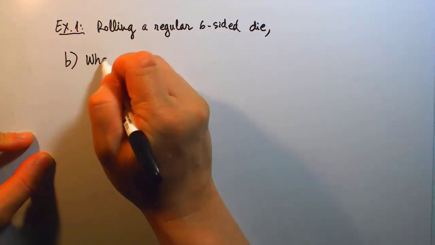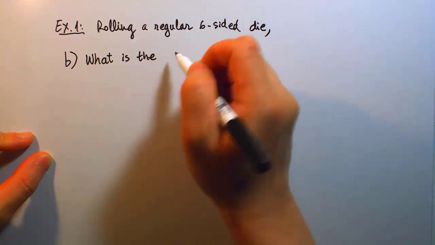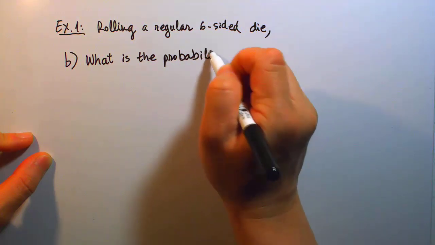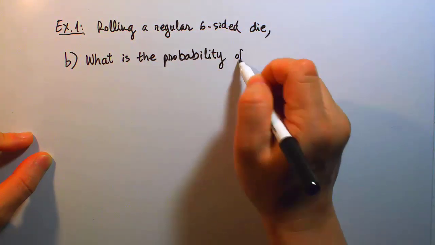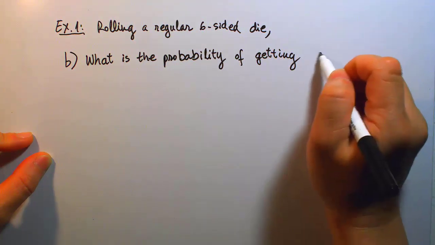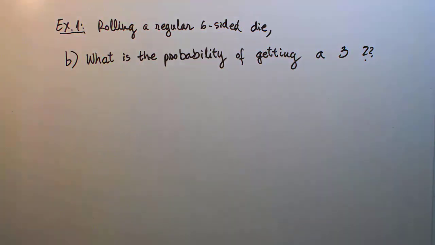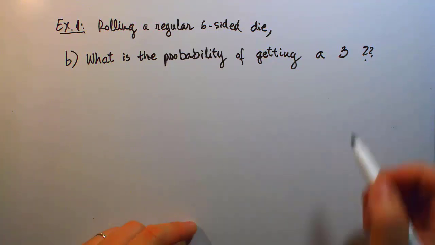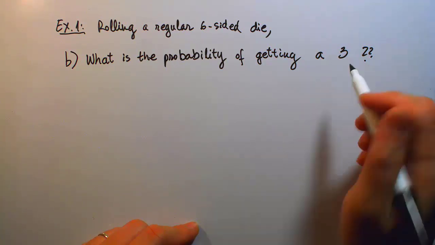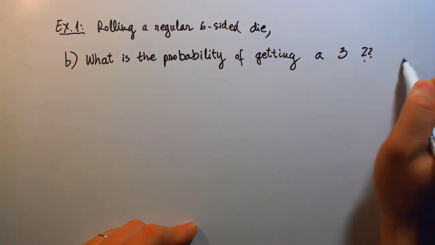So what is the probability of getting a 3, the number 3? Anyone who viewed this video will instantly pull up an answer. The answer for this question, what is the probability of getting a 3, is simply 1 out of 6.